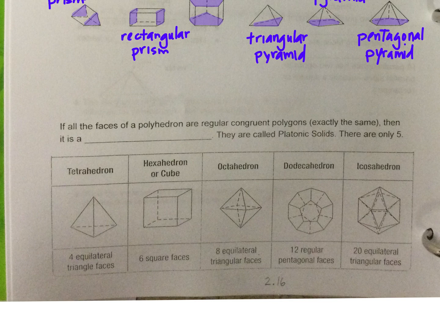Okay. If all the faces on the polyhedron are regular congruent polygons, which means they have the exact same angles and the exact same sides, then it is a regular polyhedron.